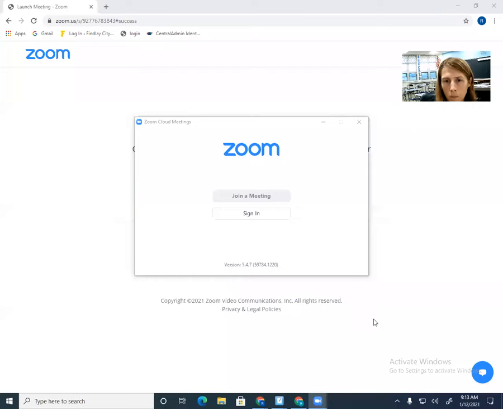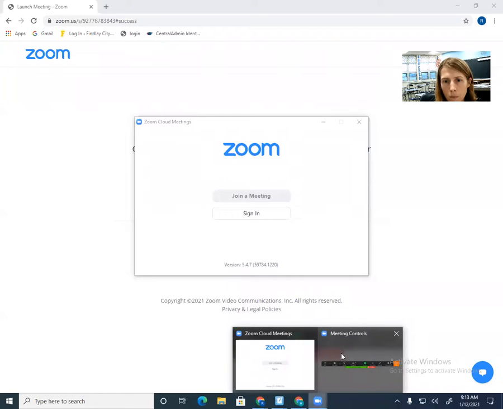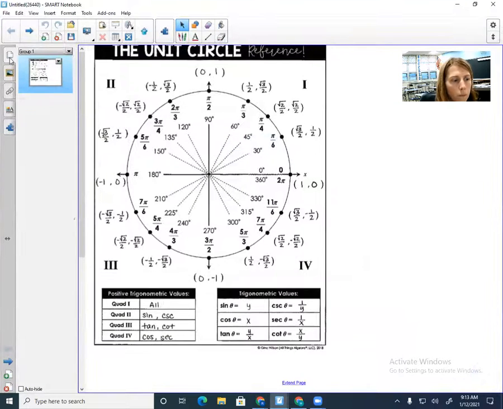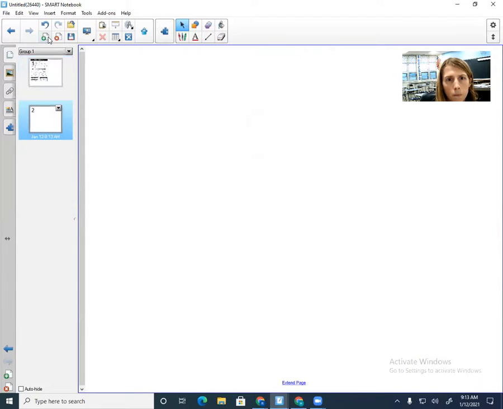Let me minimize this for a second and pull the screen share out. Okay. All right, so let's look at 25 first. I'm going to draw a triangle.